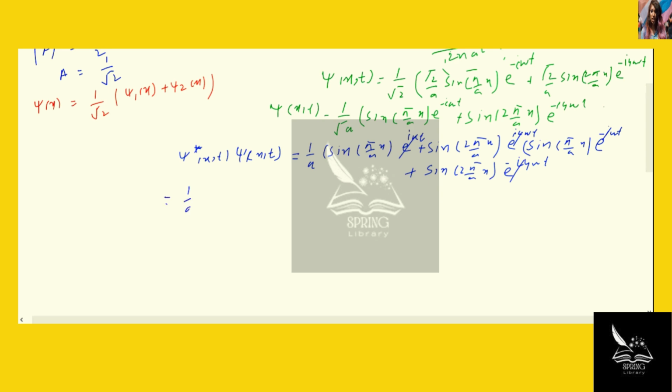So we get 1 out of a sine squared of pi by a x plus sine squared of 2 pi by a x plus sine of pi by a x into sine of 2 pi by a x multiplied by e raised to the power iota 3 omega t plus e raised to the power minus iota 3 omega t.